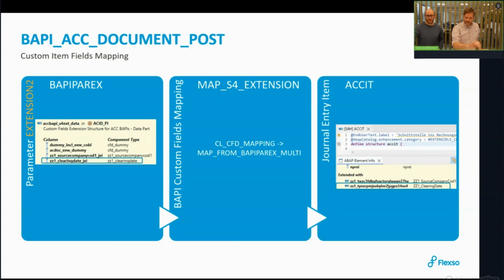Namely, if you have the extension 2 parameter on that BAPI, and you pass a structure to it in the format of the S4X data to which the field was added by the custom fields app, then the BAPI will automatically take care that it's mapped using a standard class, the CL_CFD mapping class, which you notice in the middle block, to the ACDOC structure, which at the end results in the field being added and filled in the ACDOCA table. So that's what we need. We need to fill the extension 2 parameter.